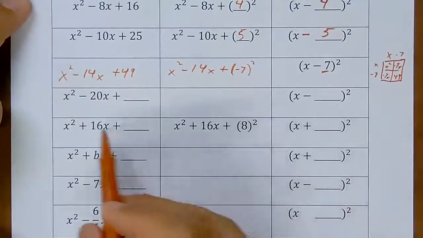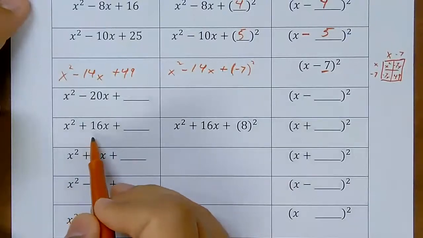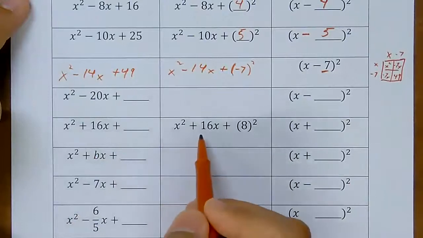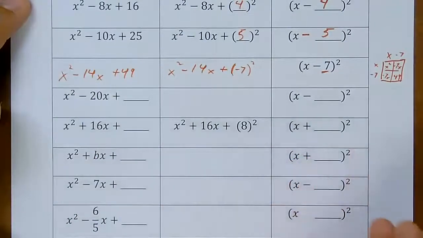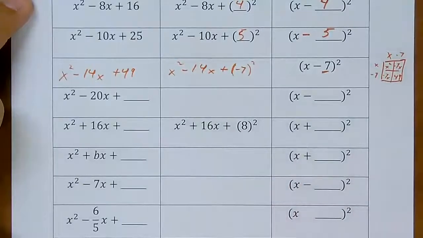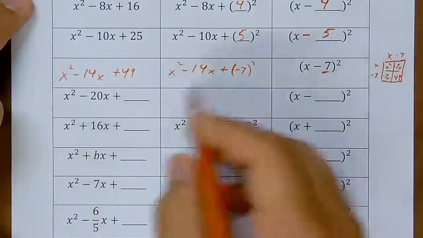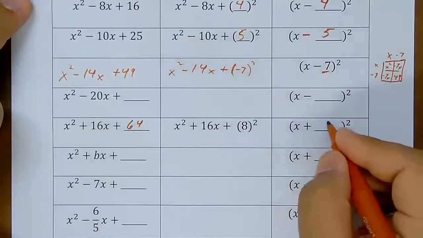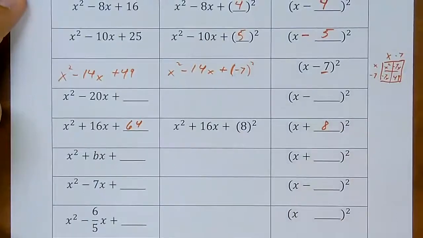Let's take a look at this next line. x squared plus 16x plus blank, also the same as x squared plus 16x plus 8 squared. That's going to be x plus blank squared. So we need to fill in these blanks. We have x squared plus 16x. Well, we know it's going to be 8 squared, so that's 64. That's going to be x plus 8 squared.